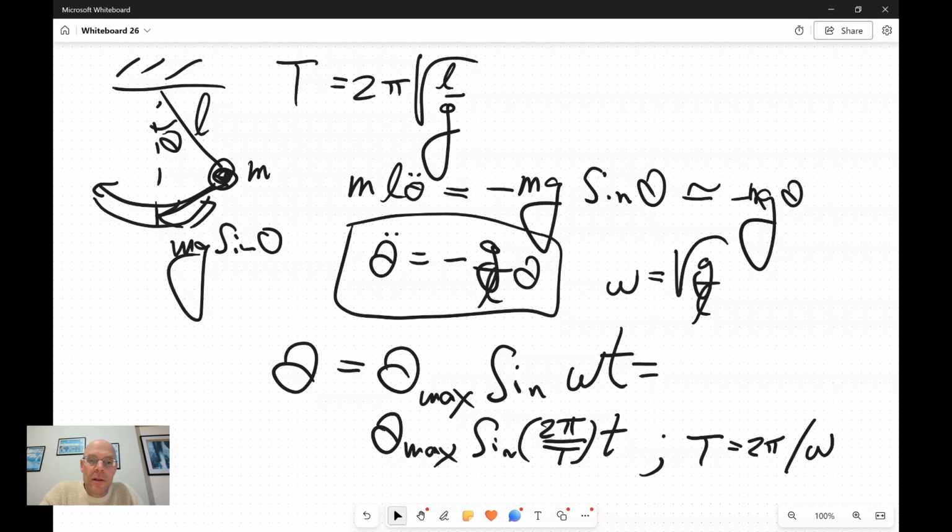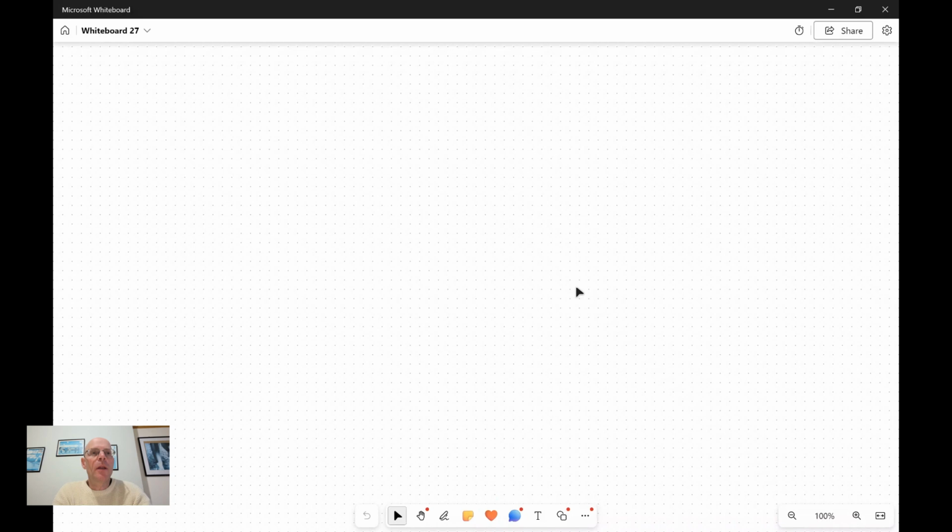So that's easy peasy. And now let's see what happens when theta max is not small and we cannot make this approximation. Okay, so the way to solve this problem is to analyze the energy of the pendulum at a given theta.